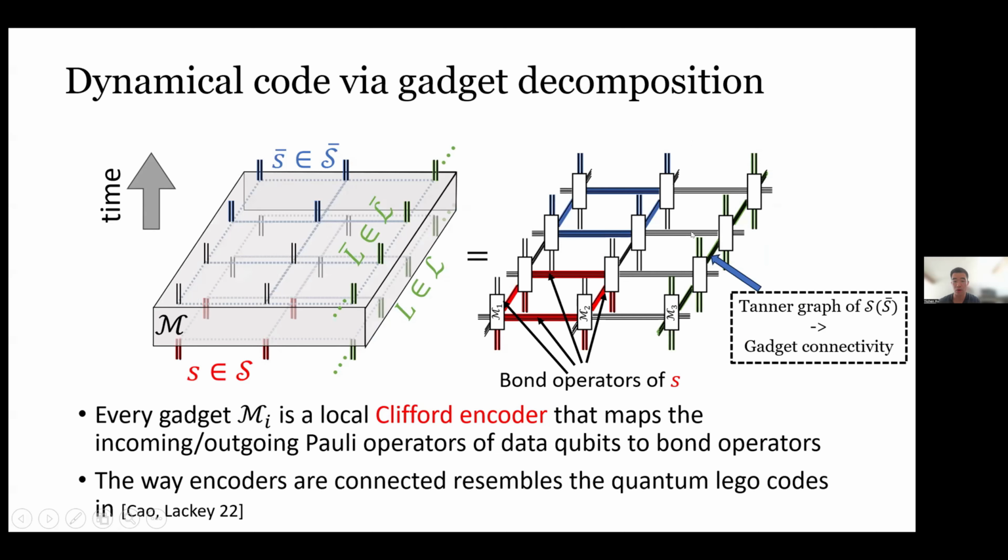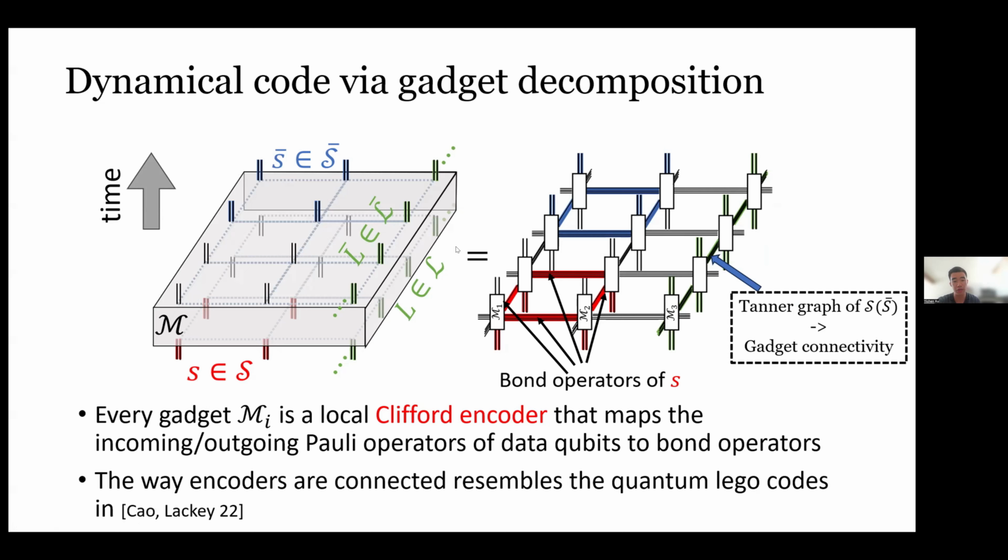If you want to decompose this ZX diagram locally, we can imagine a set of local gadgets that live at the spatial locations of the physical qubits of the stabilizer codes, and they're interconnected. The connectivity between these gadgets can be inferred from the Tanner graphs of the stabilizer codes, and we have an algorithm in our paper that makes sure that if you connect these gadgets correctly, they will always function correctly to measure and generate these stabilizers.